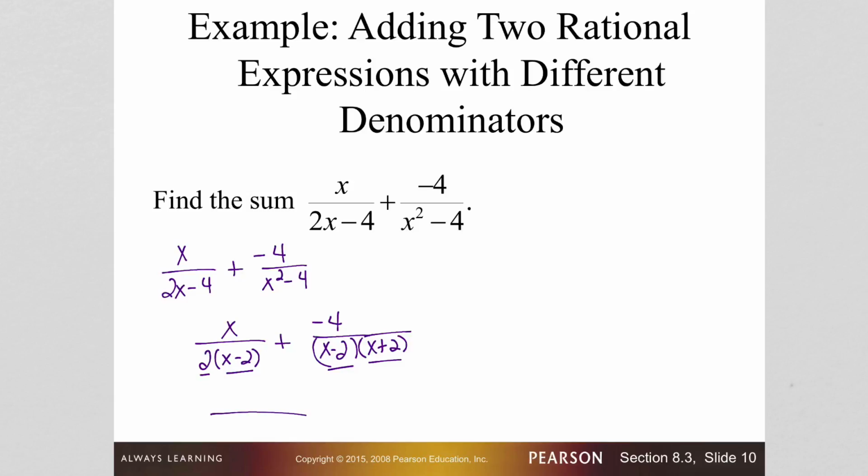We need at least one of every single different type of factor, unless one of them has 2 of the same thing. We'll talk about that later. So that would be 2, that would be x minus 2, and x plus 2. There's our common denominator right there.